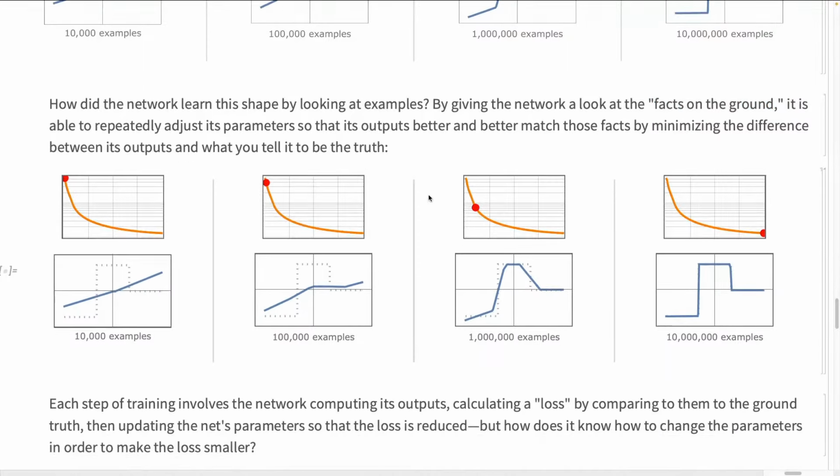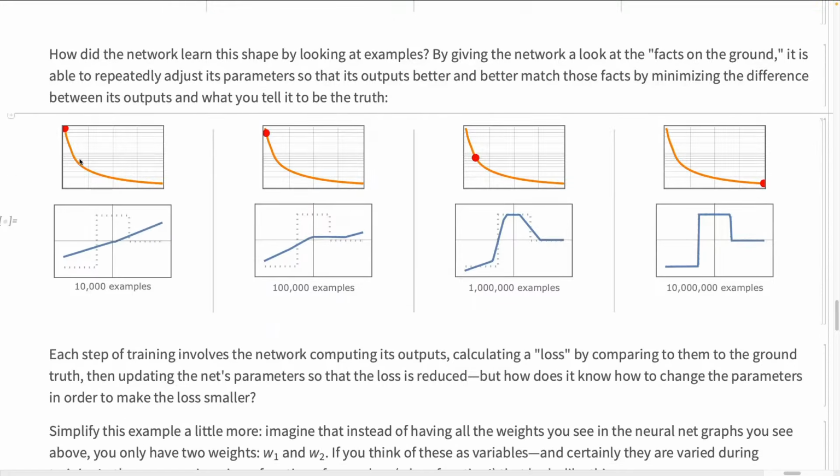Let's say it puts in an input and its parameters are totally busted and random and wrong, and it gets a crazy output. It's going to say, oh okay, that output is really far from what I should get. So I'm going to adjust my parameters a little so that the difference between what I'm getting and what I should get is smaller. I'm going to minimize that difference.